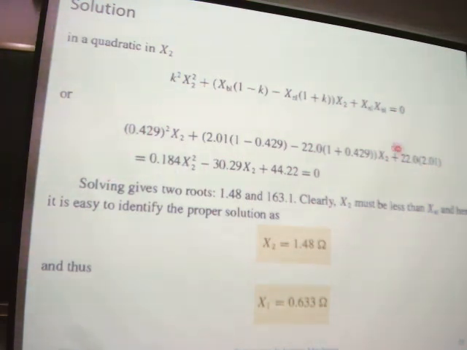From this equation we can obtain the root because it's a simple mathematical problem. It has two roots. We use 1.4. This is the real root. The other is of no use. So we can obtain x2 and then x1.